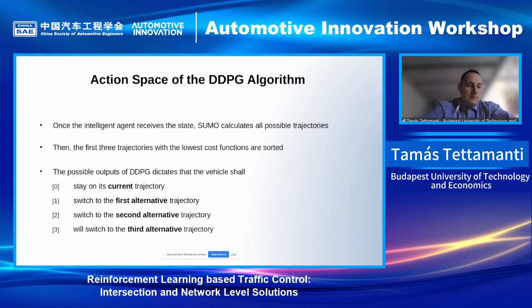So in our case, the outputs of the action space are defined in a way: stay on the current trajectory, or switch to the first, second or third alternative trajectory. So the outputs of the DDPG tell the car, the agent, what to do as the next step on its route.